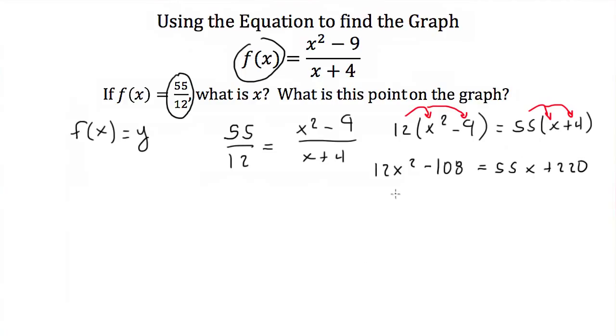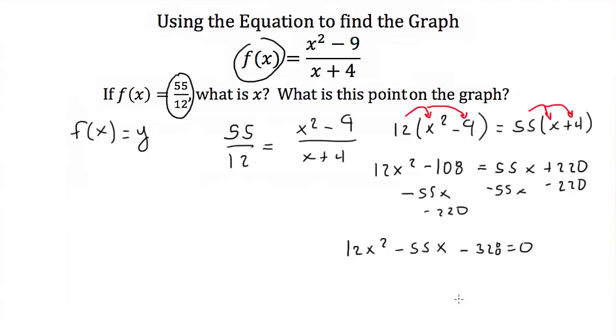Now I'm going to move everything to one side of the equation because this is a quadratic. So I'm going to subtract 55x from both sides, and I'm going to subtract 220 from both sides, and we'll get 12x squared minus 55x minus 328 is equal to 0.